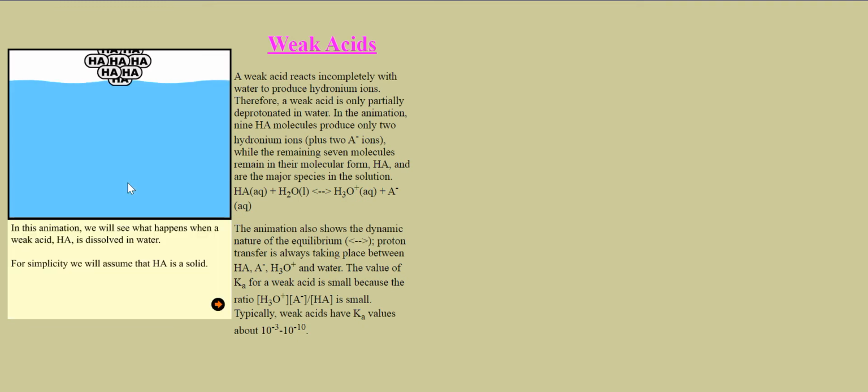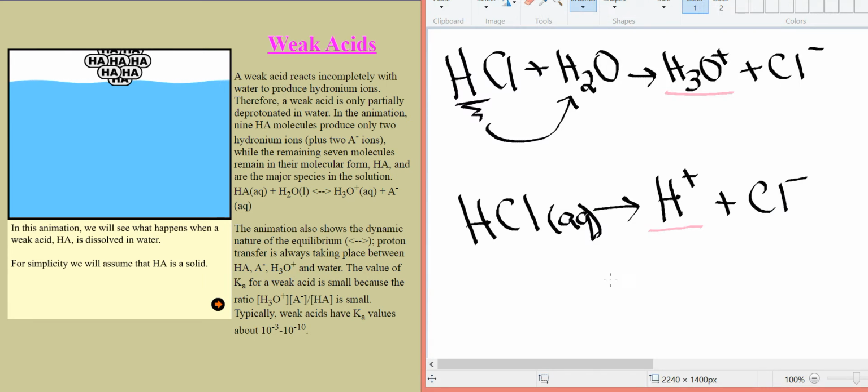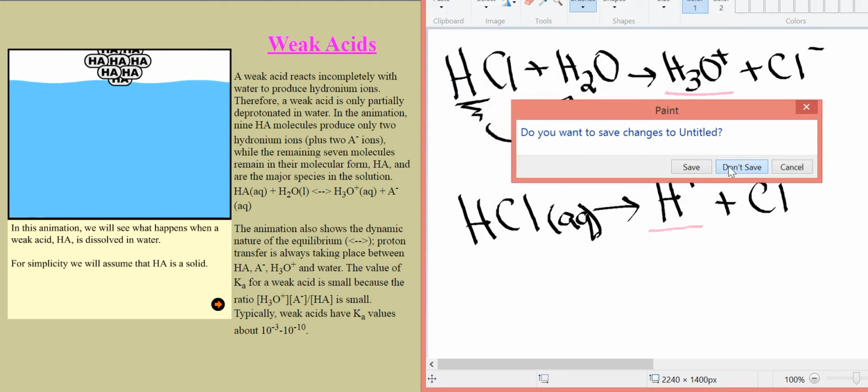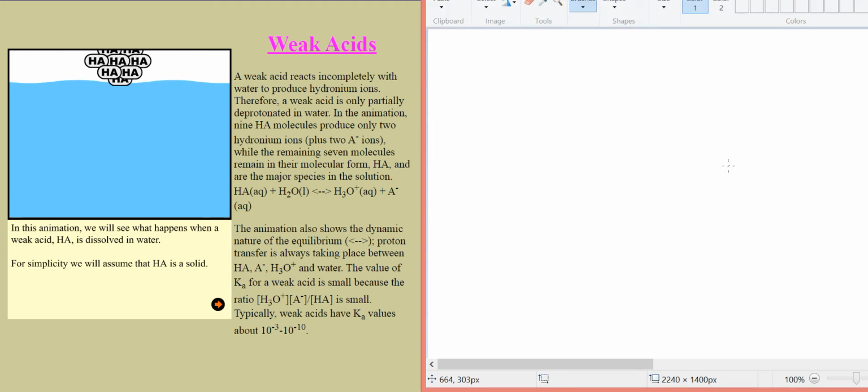All right, let's go ahead and look at a weak acid. The only difference between a strong and a weak acid is that your weak acid is going to create less dissociation. It's still going to do the same thing, but the way we determine that is with an arrow.